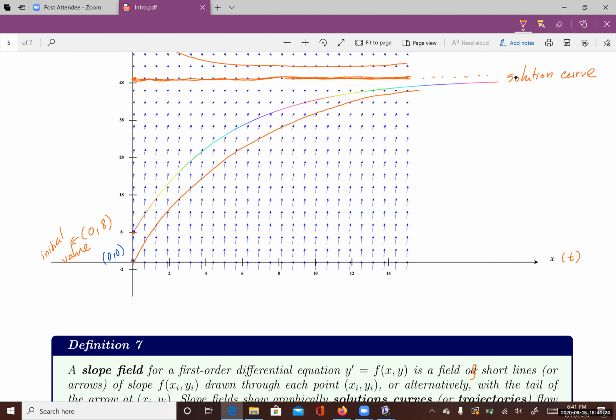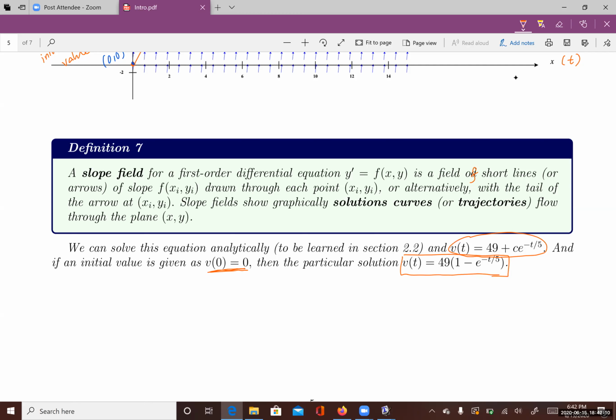Then given the initial value, at t equals 0, v equals 0, the particular solution has c equal to negative 49. You plug in t equals 0, v equals 0, solve for c, and this is your particular solution: v of t equals 49 times (1 minus e to the negative t over 5), in meters per second, which is your unit.